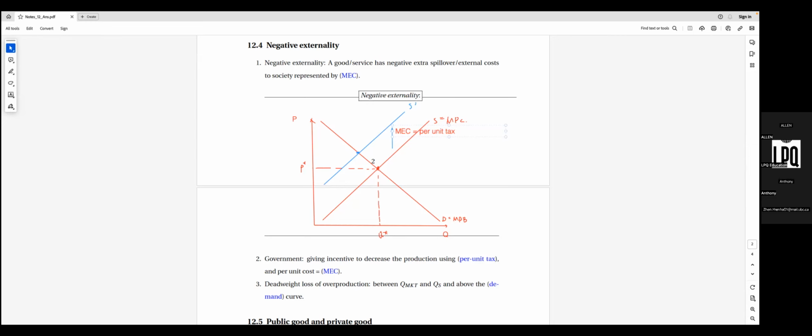You transfer this burden to those producers. Then you can find the social optimal plan. So label this one P social, and label this one Q social.